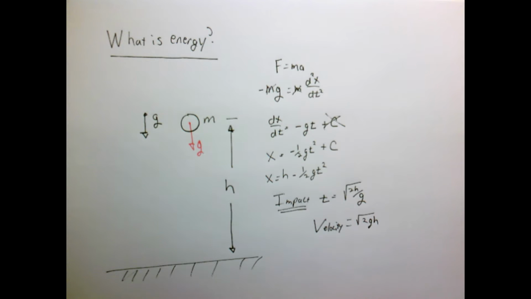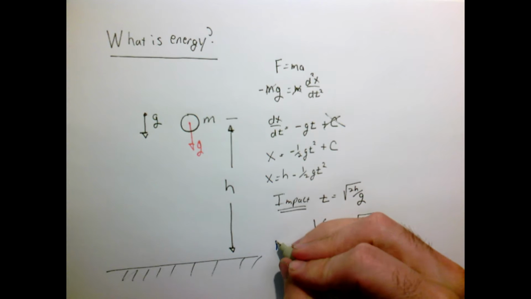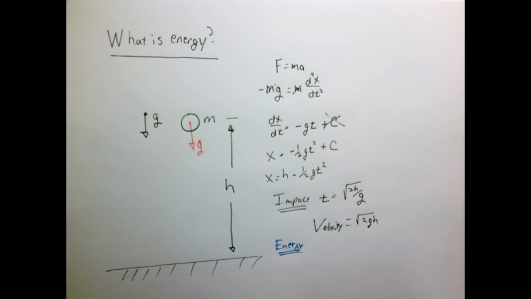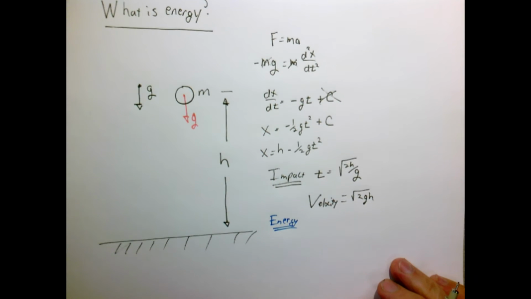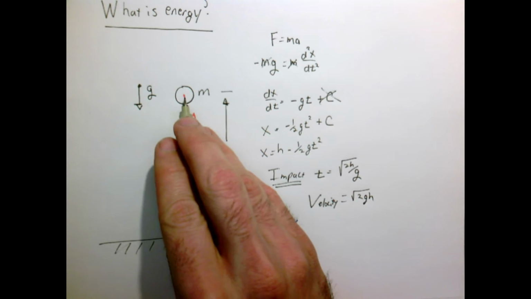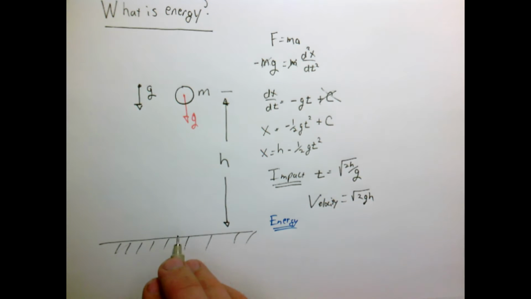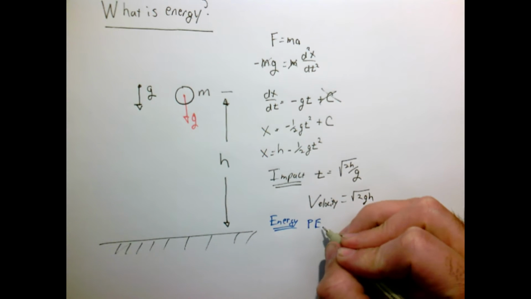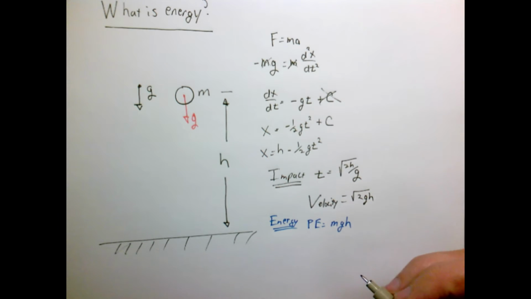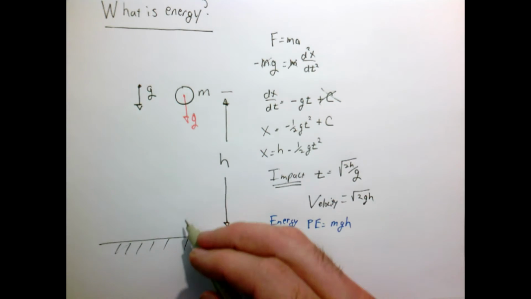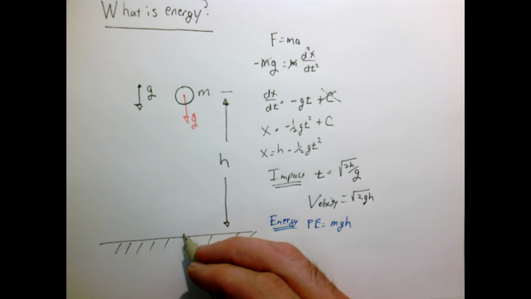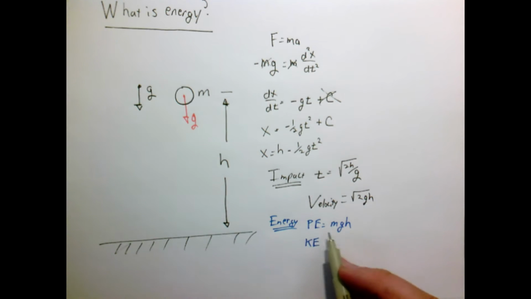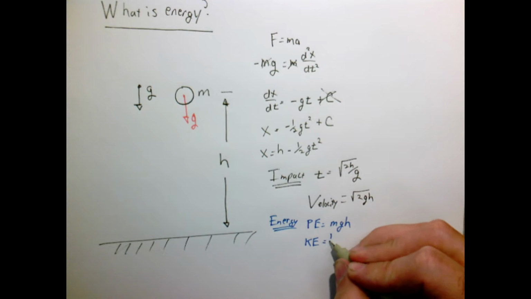Another way to do this is to appeal to the concept of energy, which is probably something you're also a little bit familiar with. So if I wanted to solve this problem with energy, I say, well, initially the object is at rest, but it's h units above the ground, so it has potential energy mgh. When it hits the ground at some later time, right before it hits the ground, it has all kinetic energy and it's lost all its potential energy.